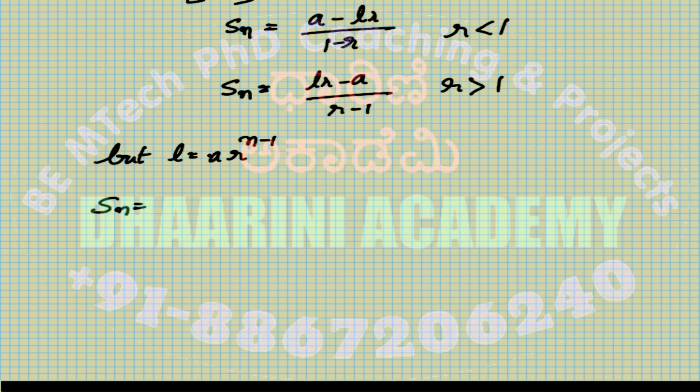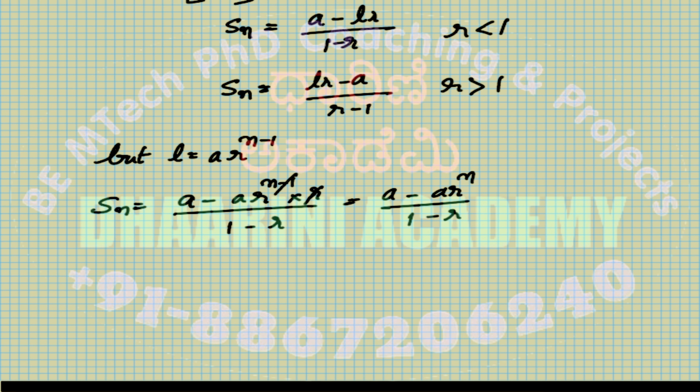Therefore, Sn is equal to A minus A into R to the n minus 1 into R, whole divided by 1 minus R. So this R and this minus 1 cancels. So I have A minus AR to the n by 1 minus R. So I can take A common, A into 1 minus R to the n divided by 1 minus R. This is the equation for R less than 1.